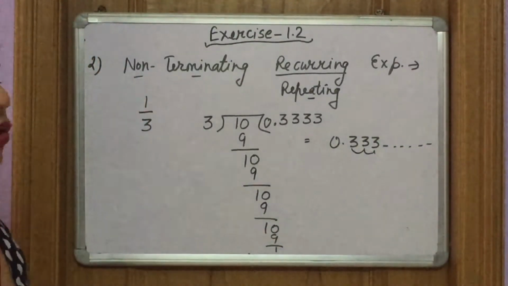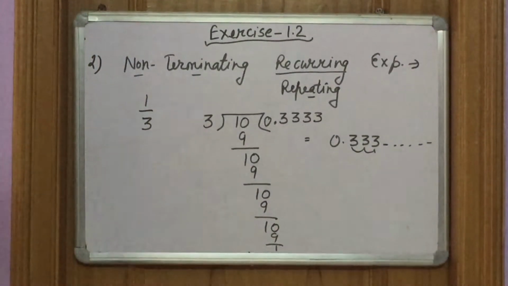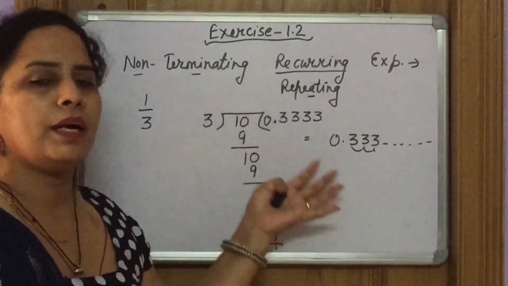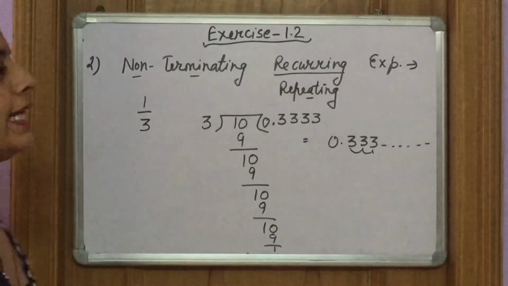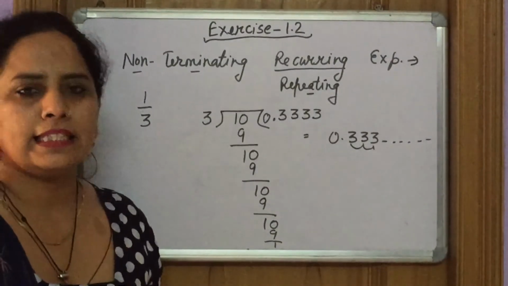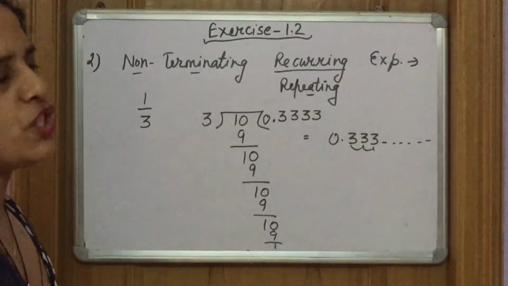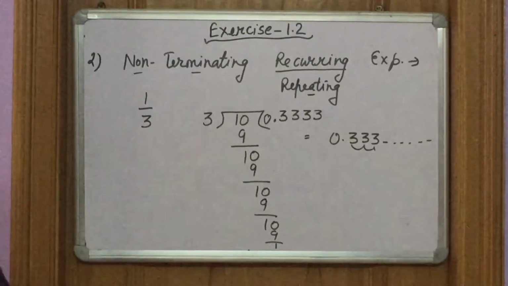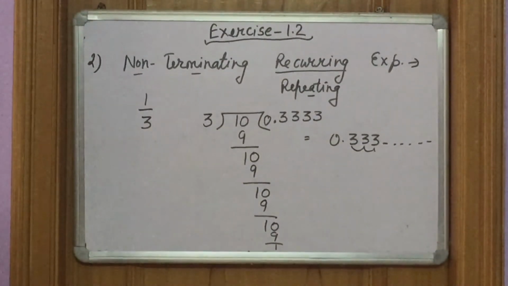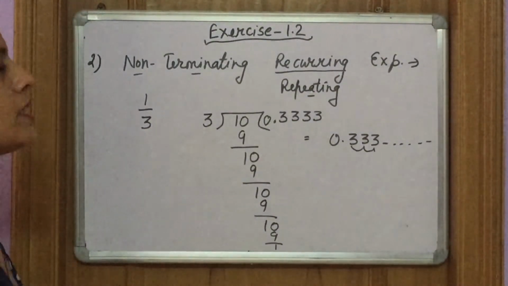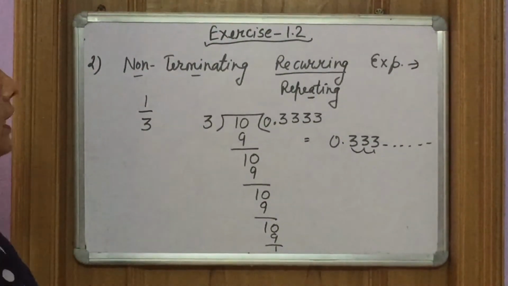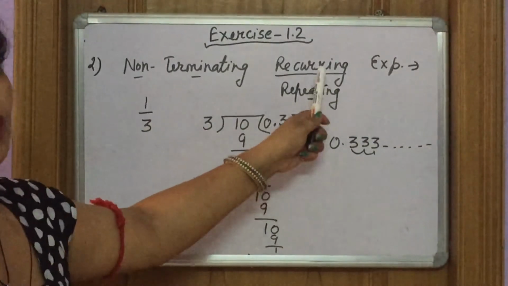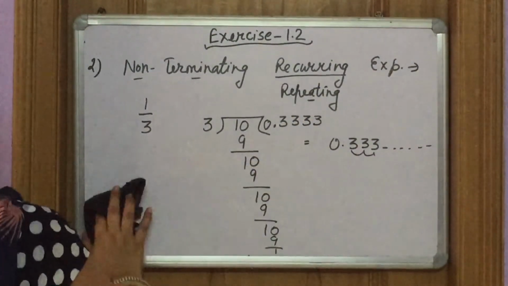So this number has non-terminating but repeating decimal expansion. In that case also this number is a rational number. So to check a number is rational, we have two conditions: first is terminating decimal expansion and second is non-terminating but recurring decimal expansion.